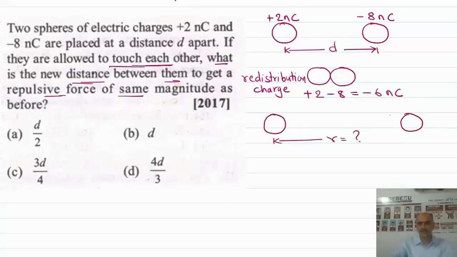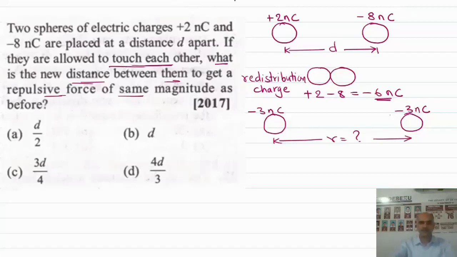I will take it as r, which you are required to find. When separated, the charge is equally distributed among both. Minus 6 is equally distributed between the two, so minus 3 nanocoulomb remains on this one and minus 3 nanocoulomb on that one. Clear? Now the answer comes in two steps.